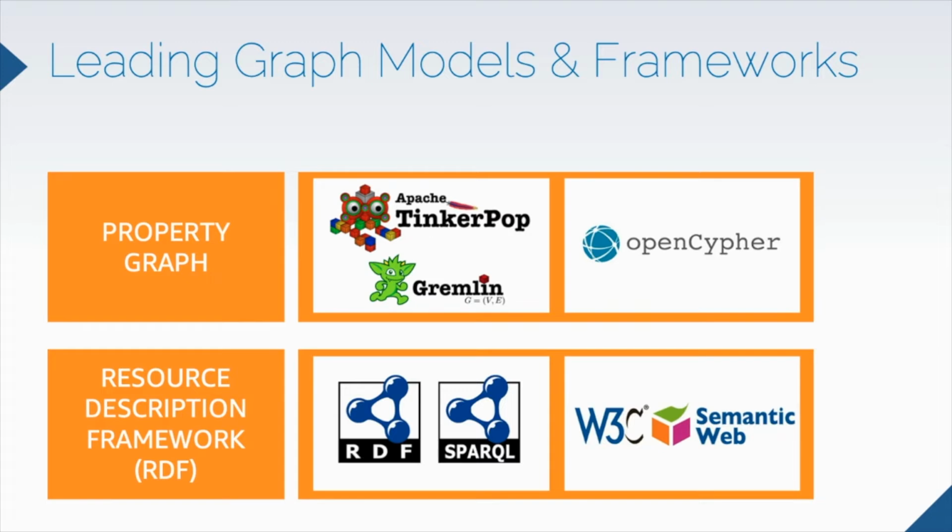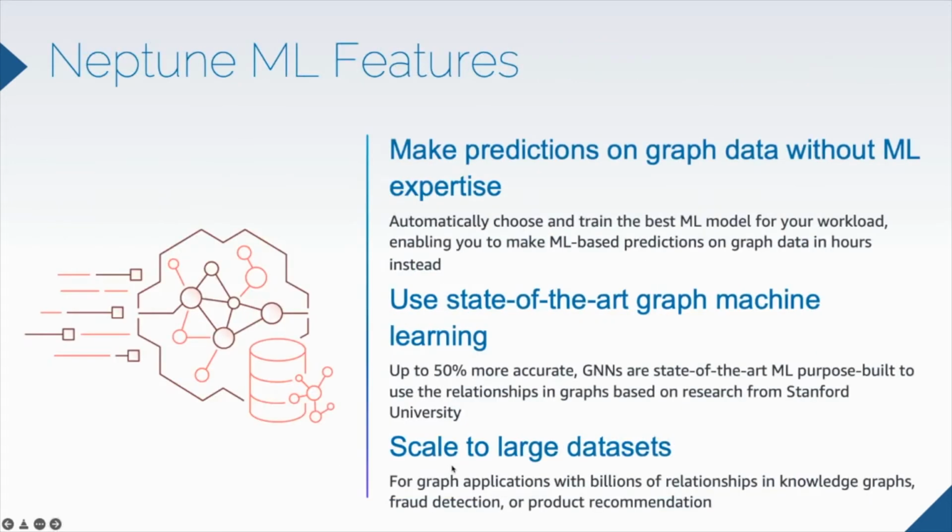It has its own language, which is much more standardized than Gremlin and OpenCypher. It's called SPARQL, and is supported by the semantic web, the W3C. And this is the interesting bit about Amazon Neptune: we support both of them. Both models are in the Neptune engine.